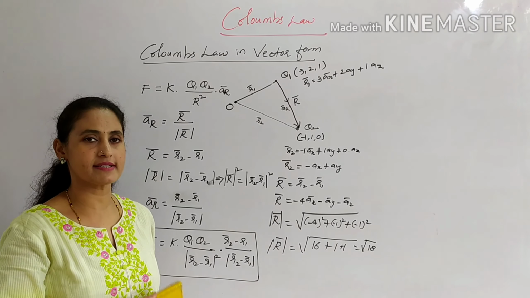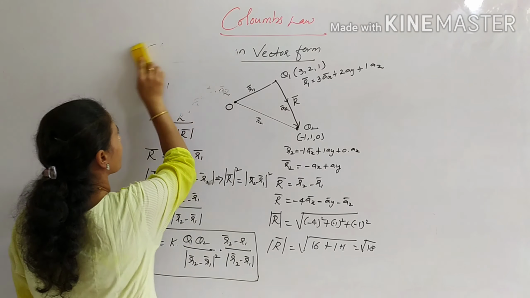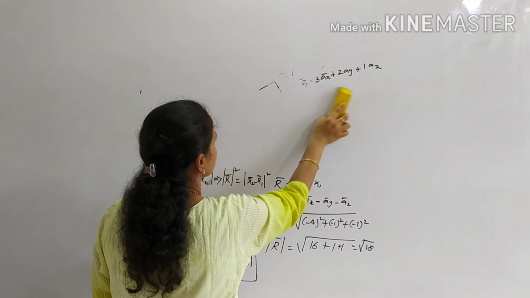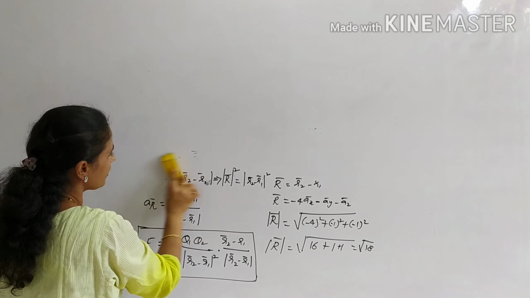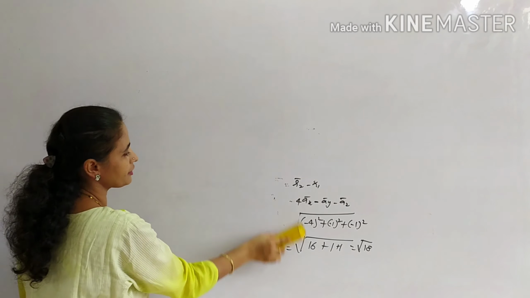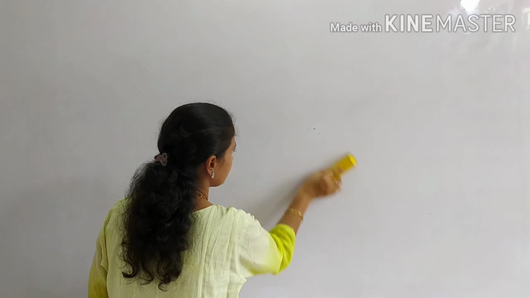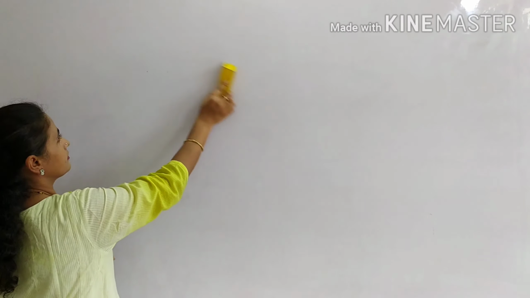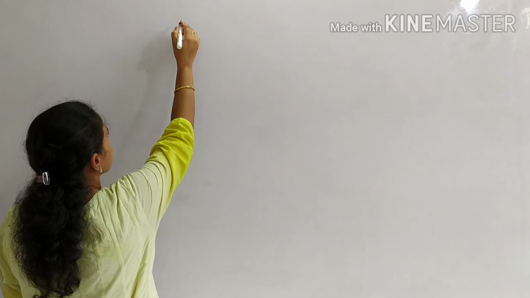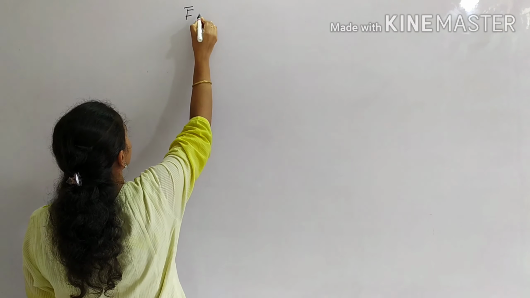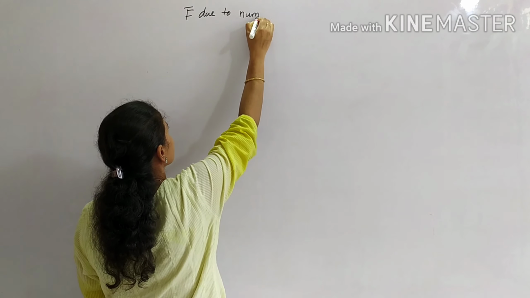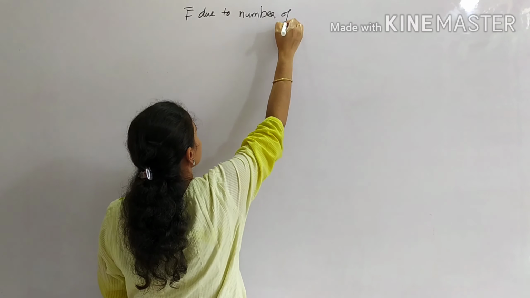How will the force be exerted on one charge? In the previous case, we derived the force between only two charges. The force vector due to a number of charges.